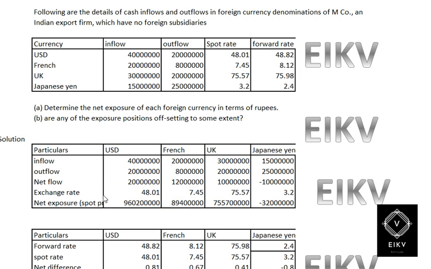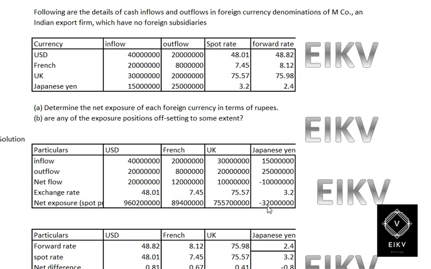You will get that net figure. After computing the net figure, we have the exchange rate which is given in the question. We need to take it and write it directly over here, and then we need to find the net exposure. So the net exposure is net cash inflow multiplied by the exchange rate.